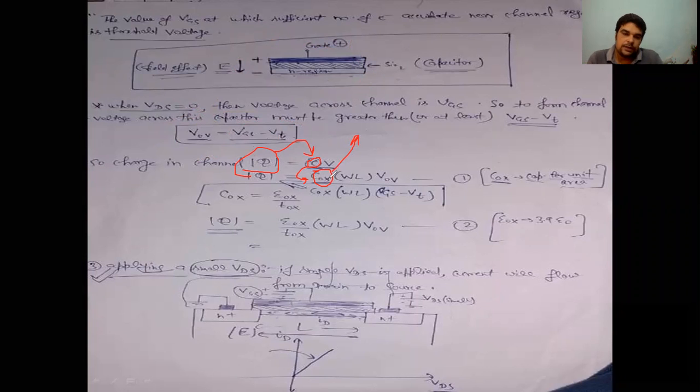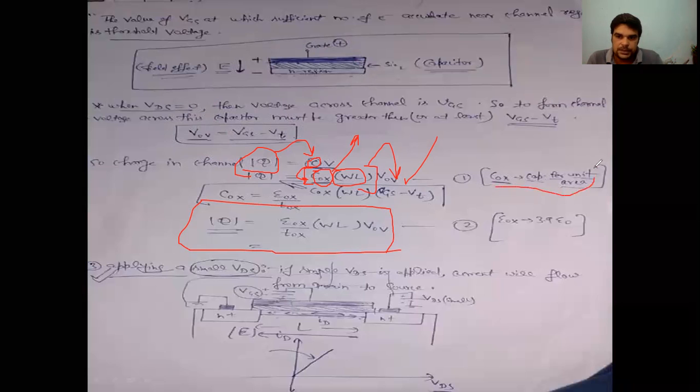If I multiply this by WL, then I get the complete capacitance of the channel, and it is multiplied by the effective voltage, the overdrive voltage. So this is the charge I am getting here. COX, the oxide layer capacitance per unit area, is nothing but epsilon OX upon TOX.